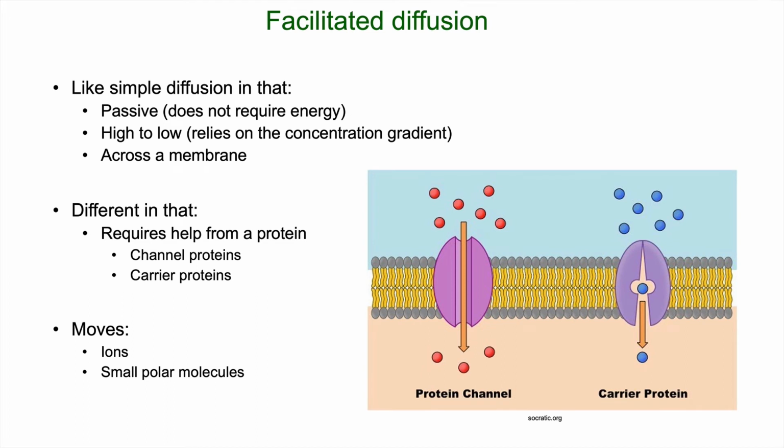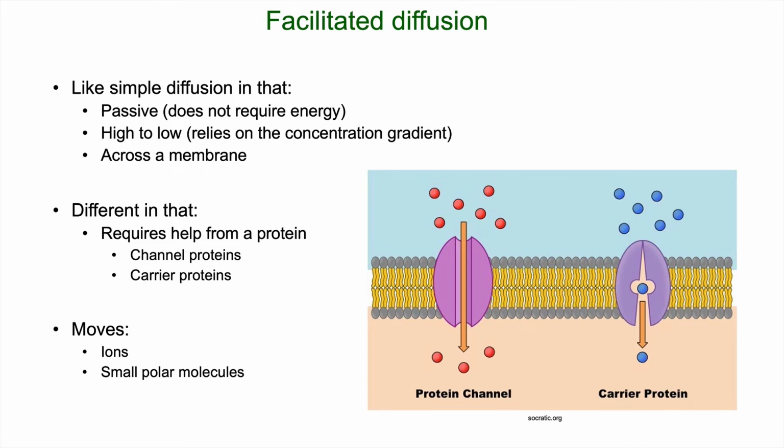Another form of passive transport is facilitated diffusion. And it's very similar to simple diffusion. Both are passive, so they don't use any energy. Both follow the concentration gradient, moving things from high concentration to low concentration, and both move things across the membrane. The difference is that in facilitated diffusion, you need help from a protein to do this.